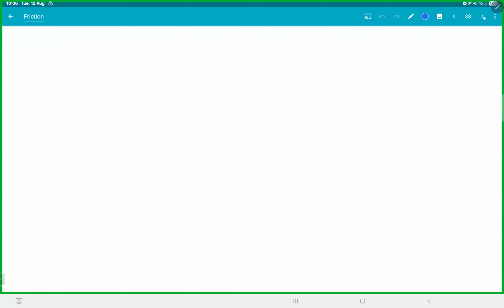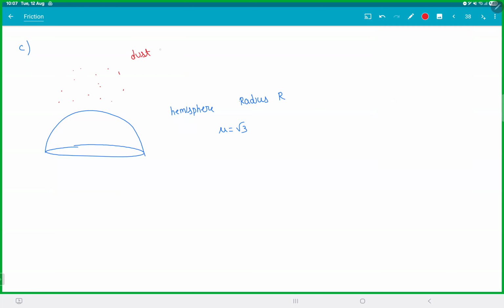Another case, this I showed you in calculus. We have a hemisphere of radius r, and let's say friction mu is equal to √3. You took some dust and sprinkled it on the hemisphere.